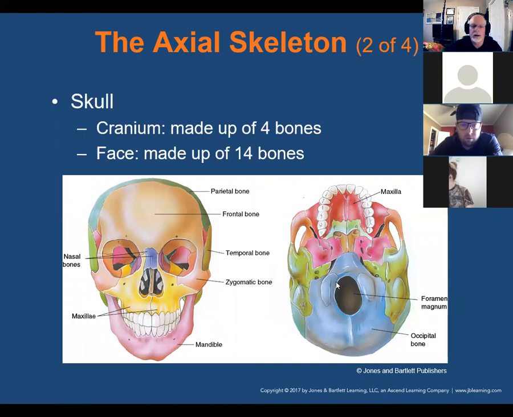The big thing here, foramen magnum, is the hole in the base of the skull where the spinal cord exits and then moves along the spinal column. Very important, by the way.